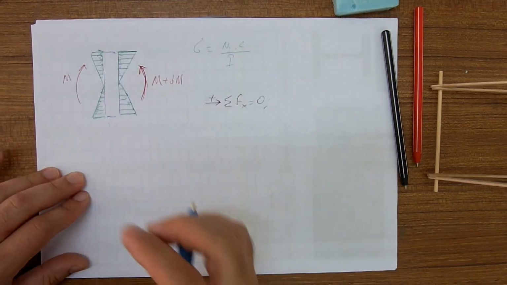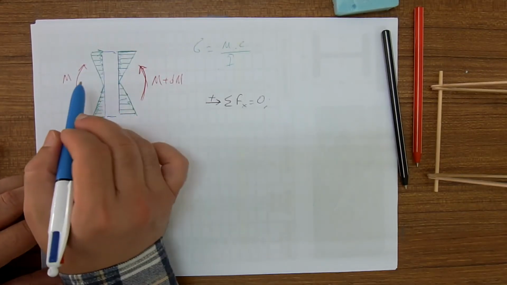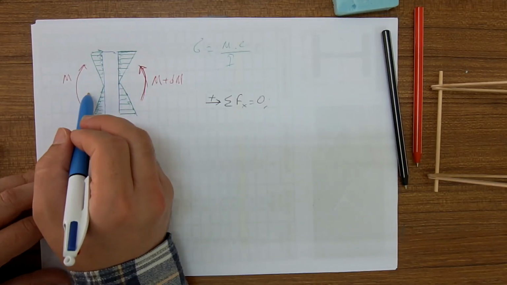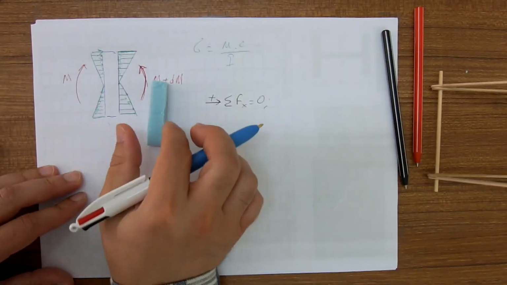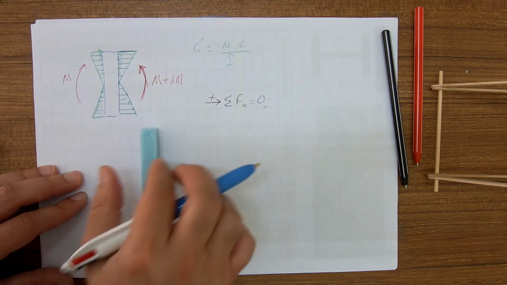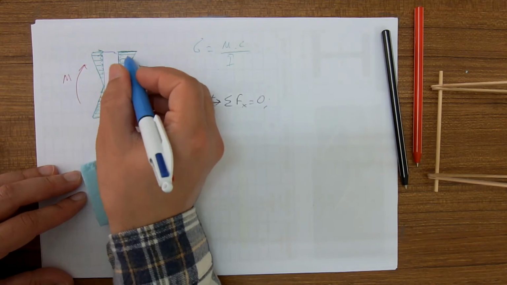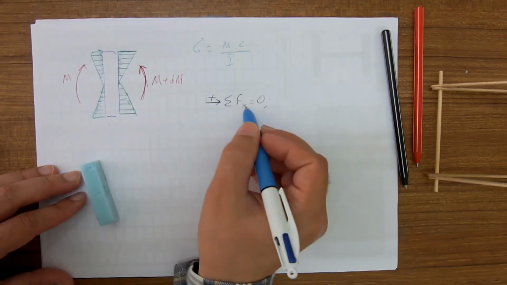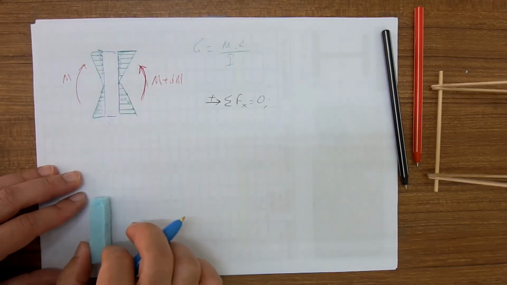Therefore, this segment is in static equilibrium upon these internal moments. For the section, they become external. But you understand that these equal those here, these equal these. Therefore, there is a horizontal force equilibrium for the section.